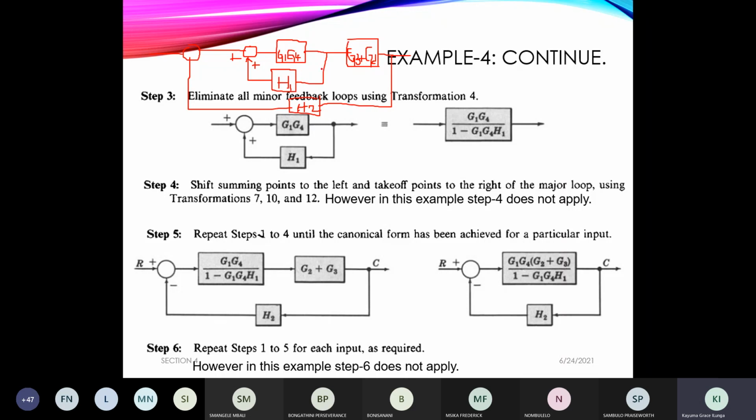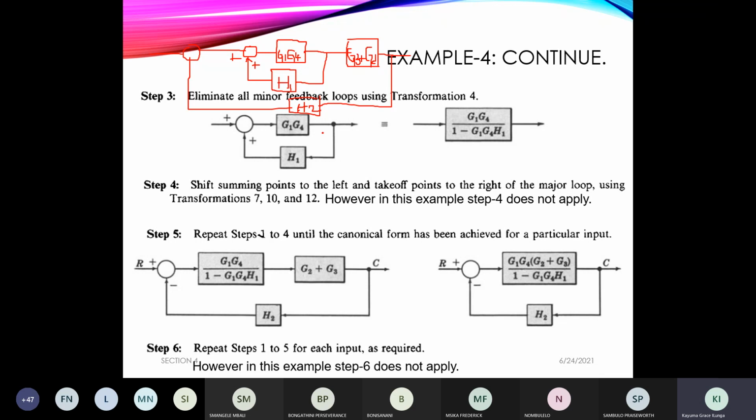So now we're having this one. This block diagram of G1, G4 is not in series, it's not in cascade with this one because here there is another feedback. So there is another takeoff point which is giving us a feedback. So we cannot multiply them. We need first to remove this feedback. Then the block diagram we get for these two can be in cascade with this one.